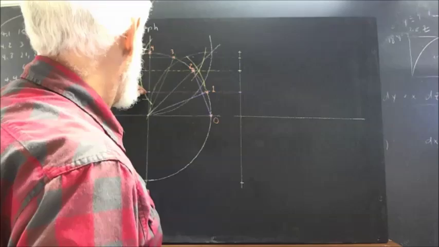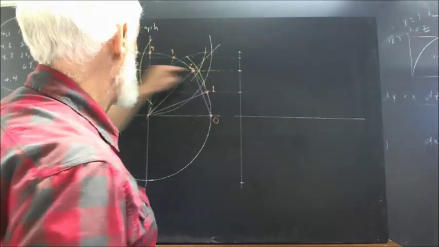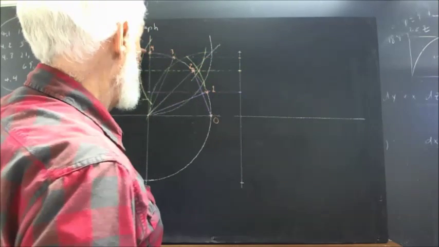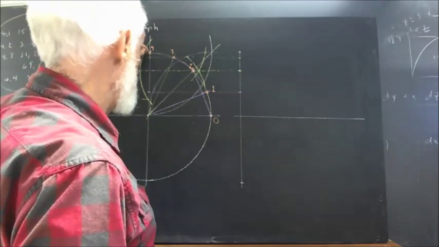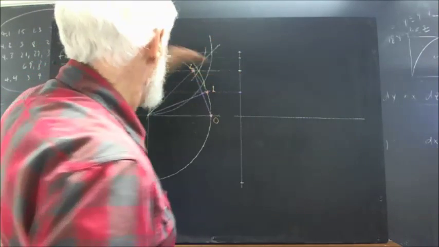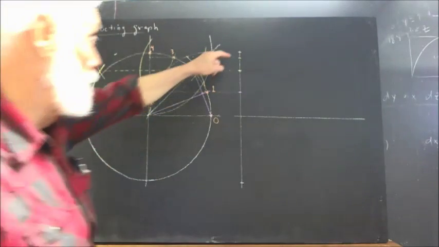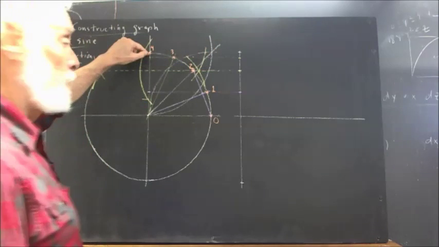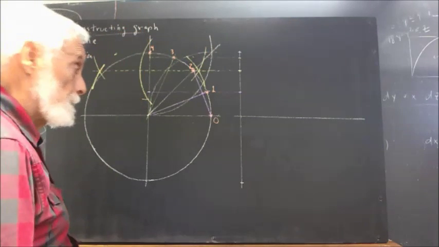Then I simply extended this projection line over to this point, this projection line over to here, this projection line to here, and a line parallel to all these projection lines from here to here. I didn't draw that in because things are getting a little bit cluttered, but we understand that from this point to here is a perpendicular projection onto the y-axis.